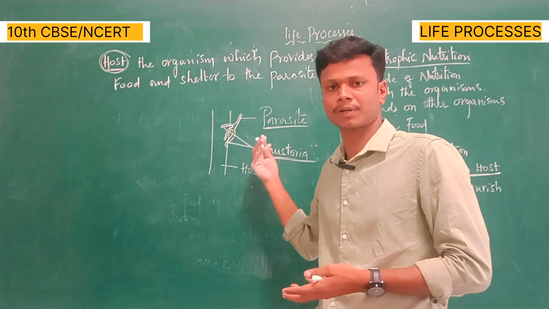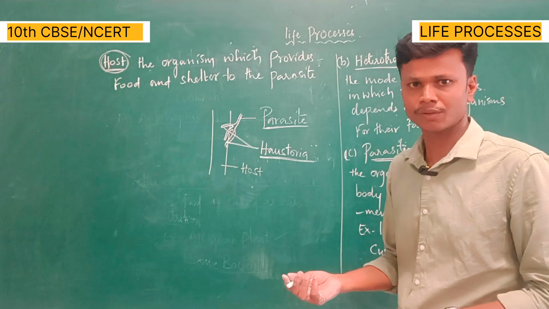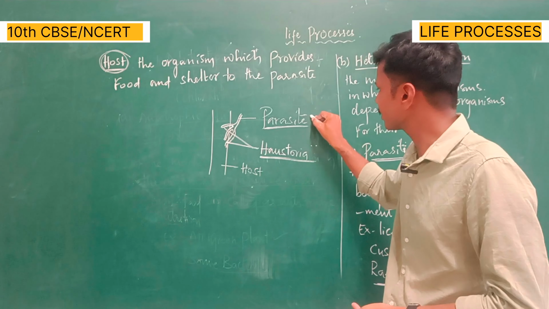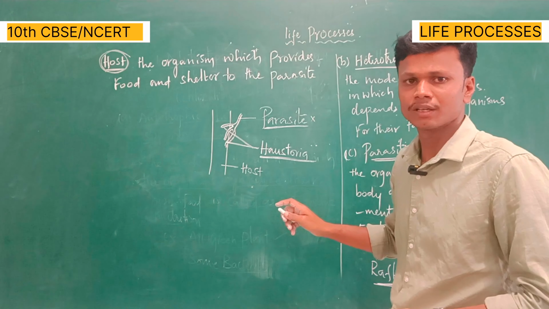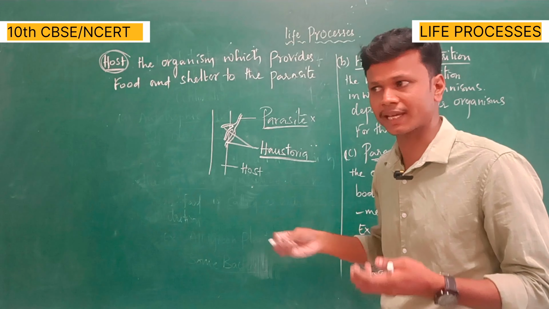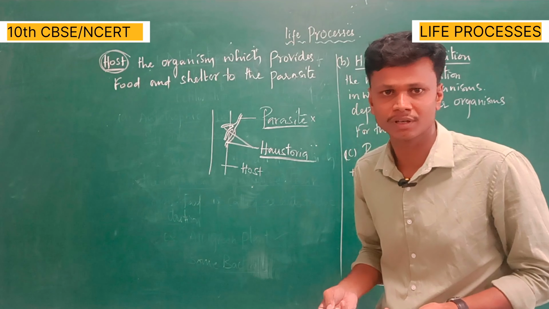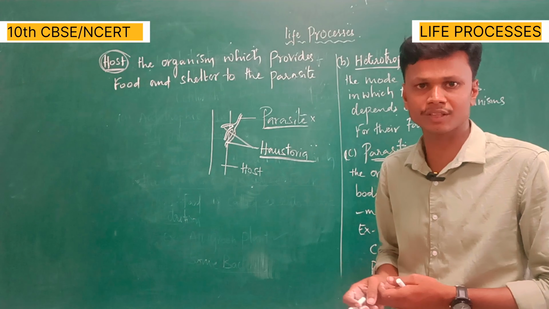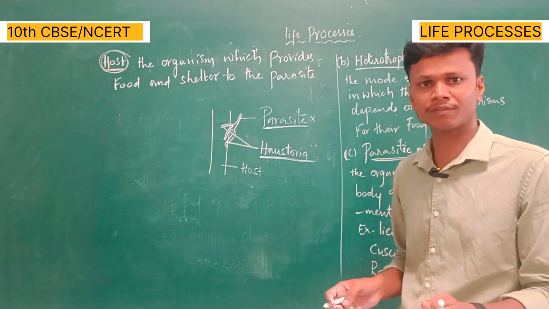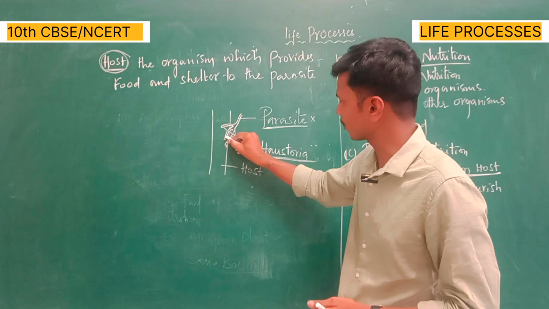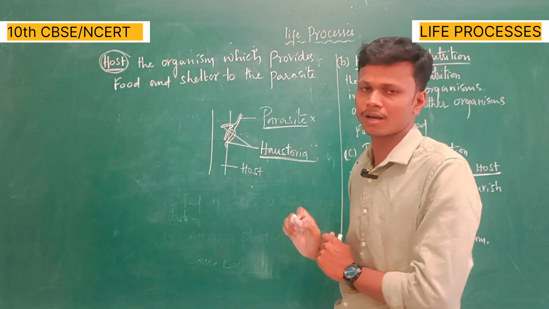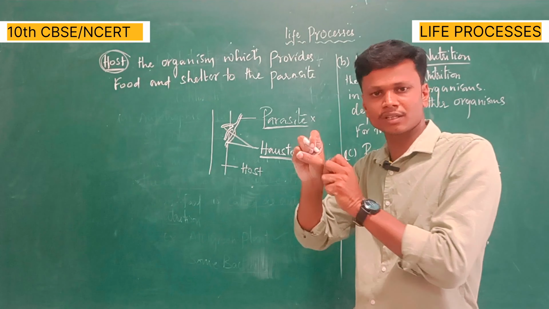If you take Cuscuta, it is a plant. So what is happening in Cuscuta? There is no chlorophyll, hence it cannot synthesize its food. So it should depend on others for its nourishment. So what will it do? Through the haustoria, it will penetrate into the plant body and it gets the nourishment.